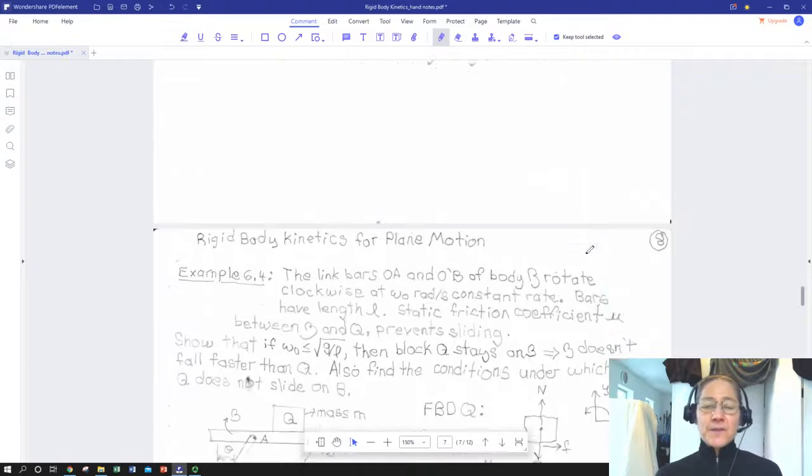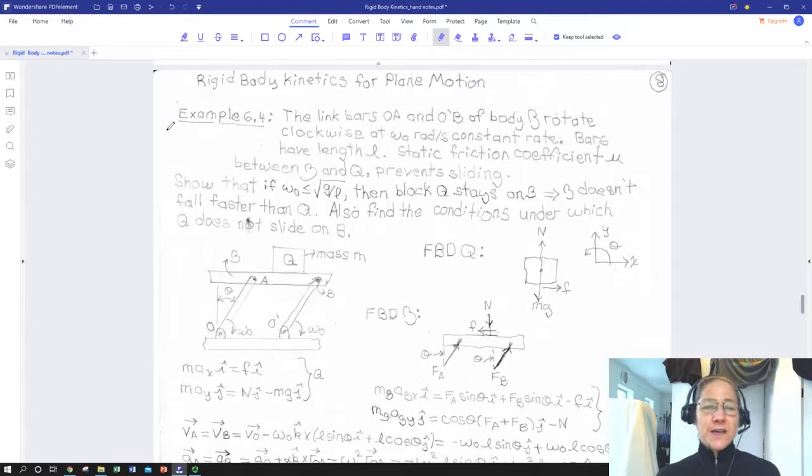So we're going to stop the lecture now, but then the final lecture in this chapter will go over several examples where we apply this. Basically, all of our long discussions of how we define angular momentum of a rigid body, how we relate it to the sum of moments, how angular momentum at the center of mass relates to angular momentum due to just the linear momentum of the center of mass of a body about some point, all of that is going to condense down into that sum of the moments around the center of mass equals alpha I_Z.